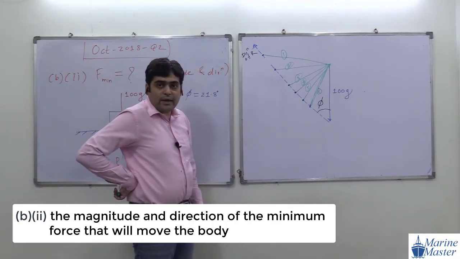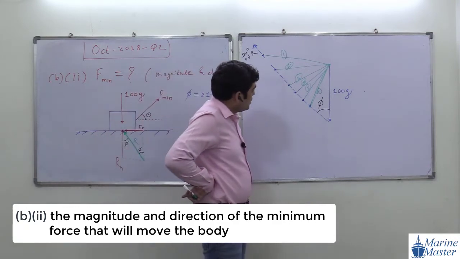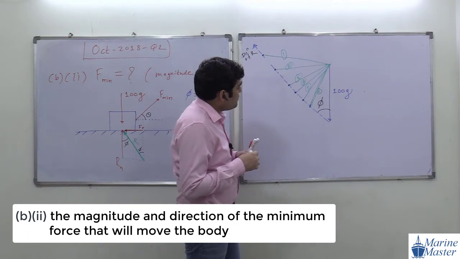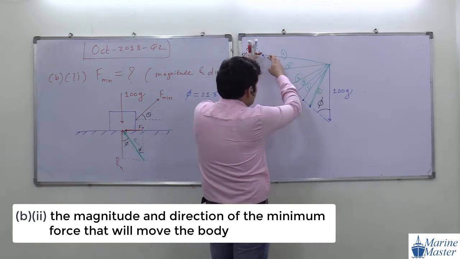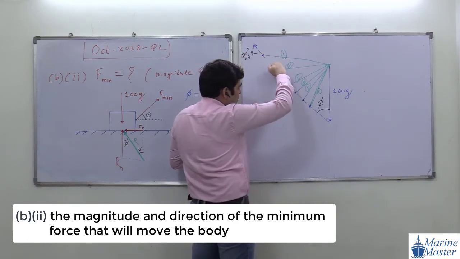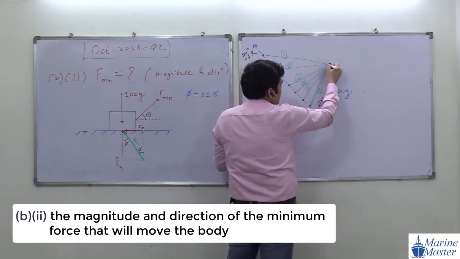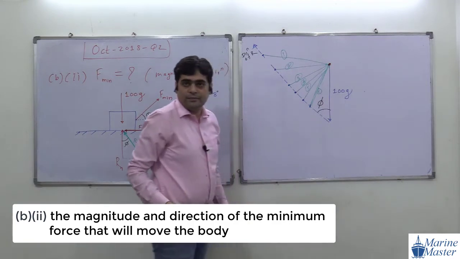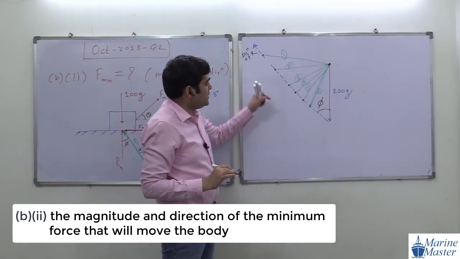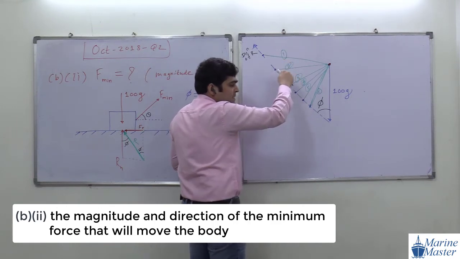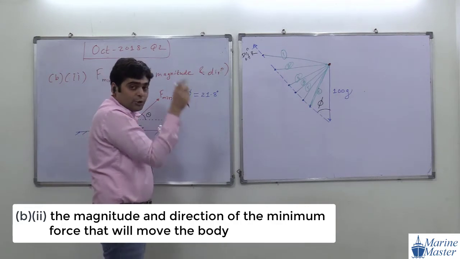Number 4. Correct, number 4 is the lowest one. If you observe number 4, the end point is fixed here. But as the starting point comes down, the length of F reduces, which means its magnitude is reducing.